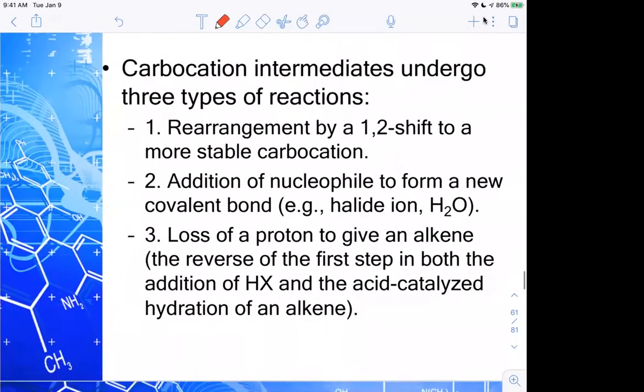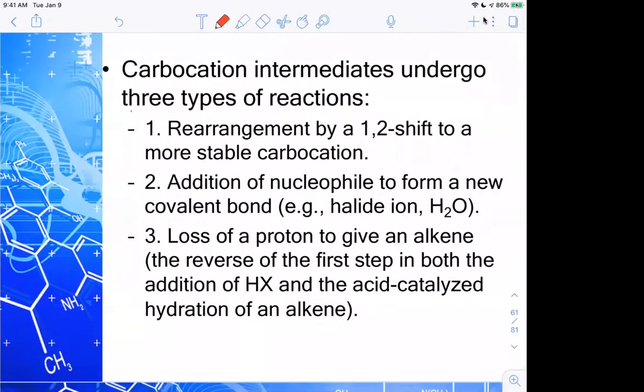When I think about carbocations, they undergo 3 types of reactions. They can rearrange, they can add a nucleophile to form a new covalent bond, or, and this is the one that we're going to talk about a lot in the next chapter, they can lose a proton to give an alkene, which is called elimination.